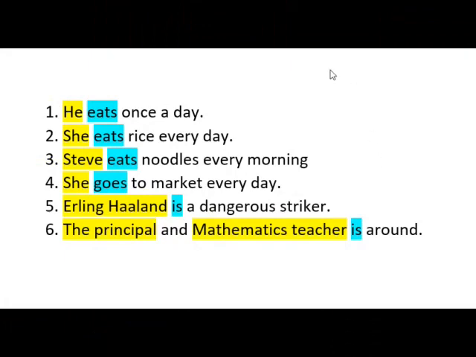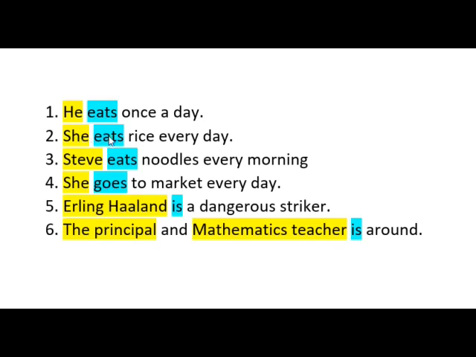Number 1, he eats once a day. He is a singular subject, so definitely it will go with a singular verb, eats. Number 2, she eats rice every day. She is also a singular subject.